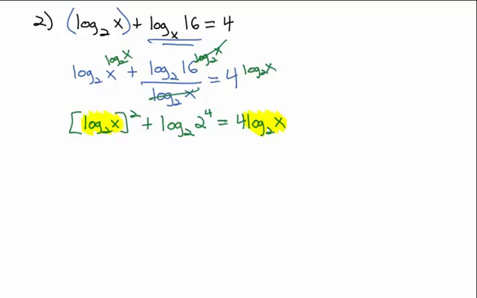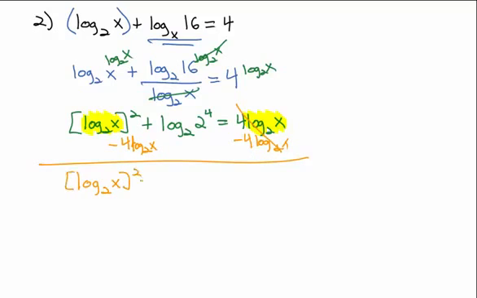Let's make it equal to 0 by subtracting 4 log base 2 of x from both sides. Log base 2 of x squared minus 4 log base 2 of x plus, remember if the bases match, the answer is just the exponent, equals 0.